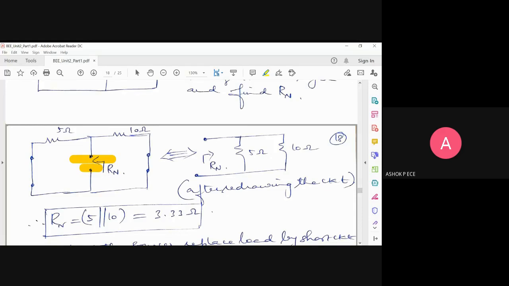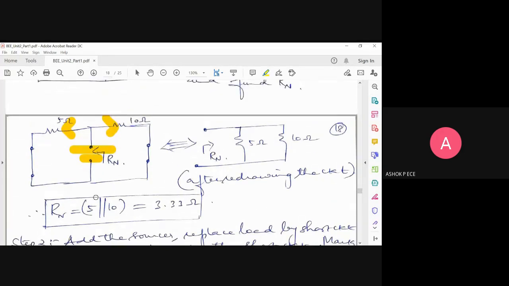If a battery is there, assume how the current is going into the rest of the circuit. The total current will be coming out and will split across the 10 ohm and 5 ohm. When current is going to split, the elements are going to be in parallel. So the resistance will be 5 parallel to 10, which will be 3.33 ohms. This is going to be your Norton resistance of the circuit.